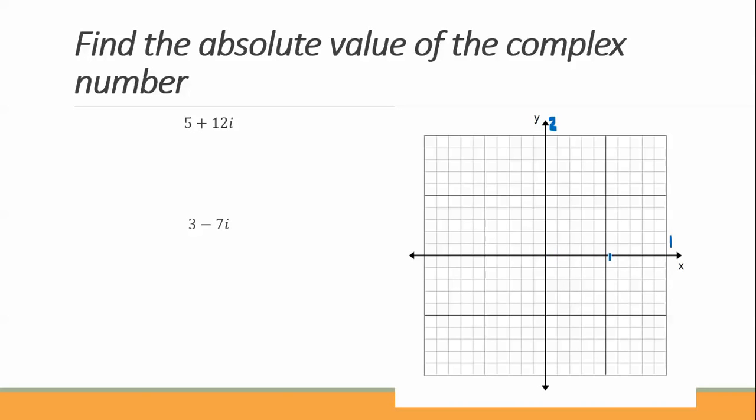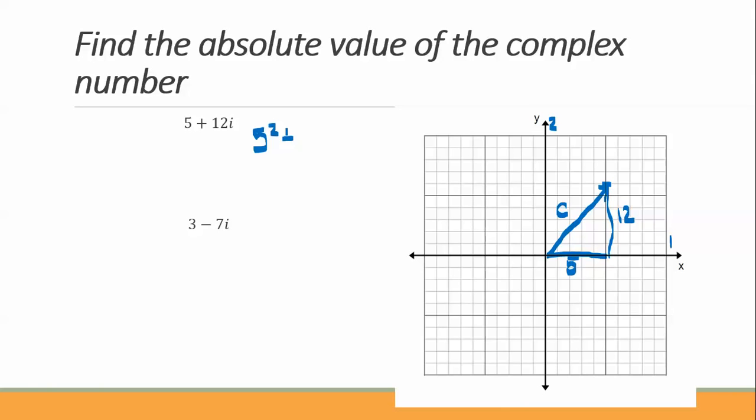So we have 5 plus 12i, so 2, 4, 6, 8, 10, 12. And we want to find the distance or absolute value from 0. So from here to here is 5, and from here to here is 12. Again, you can use the distance formula, or we can use the Pythagorean theorem. So I'm going to use the Pythagorean theorem.